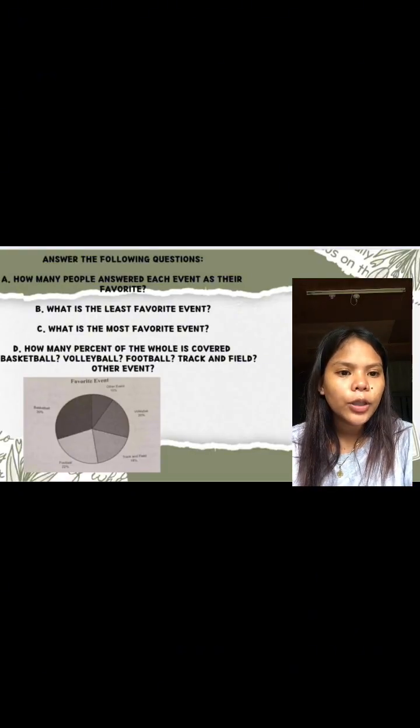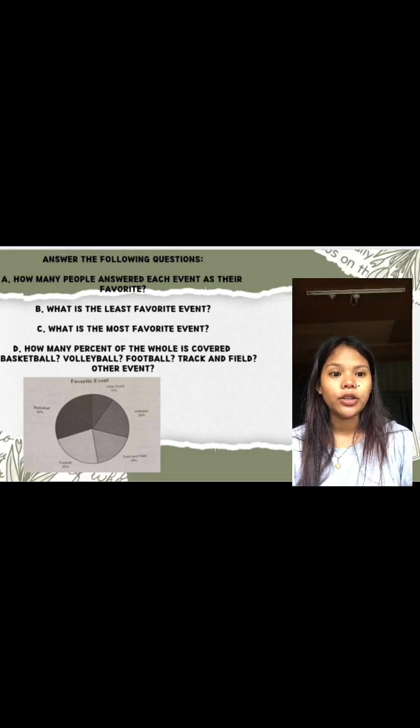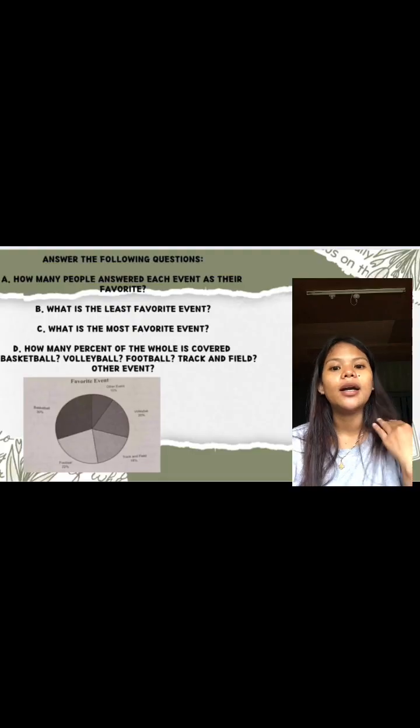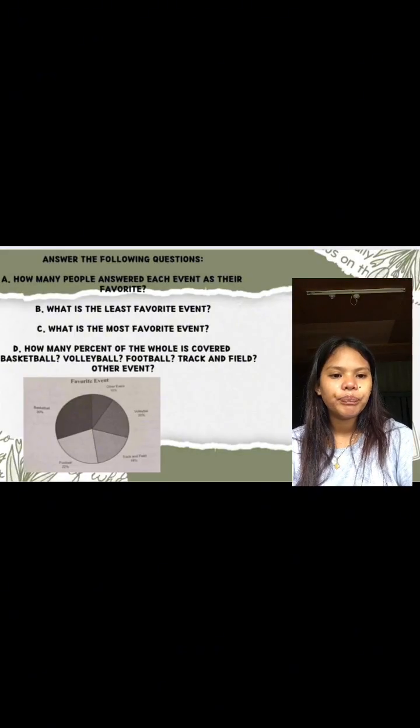So ang letter B, the least favorite is other event, kay naa 10% lang man, 25 lang siya ka tao ang nagtubag. And then ang letter C, the most favorite event is basketball, kay daghag nagtubag, which is 30%, and then 75 people ang nagtubag.